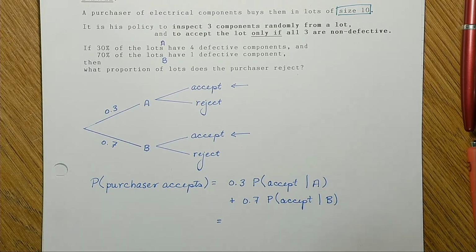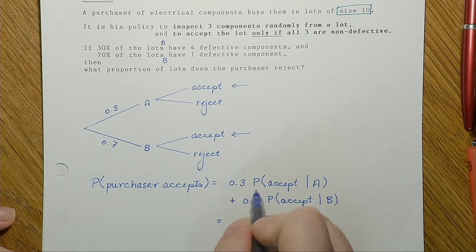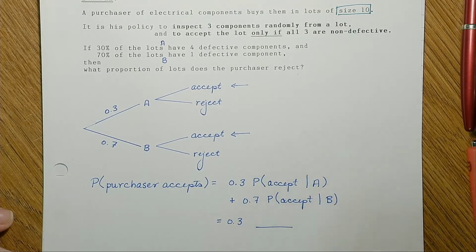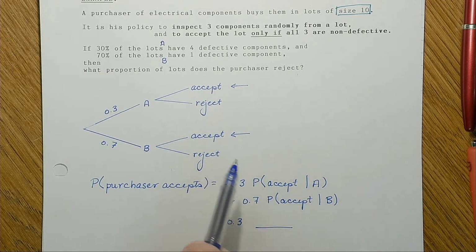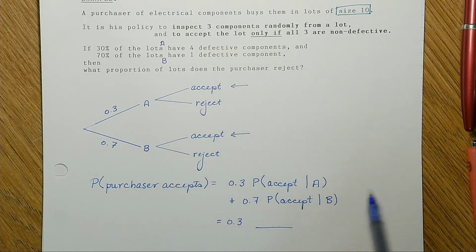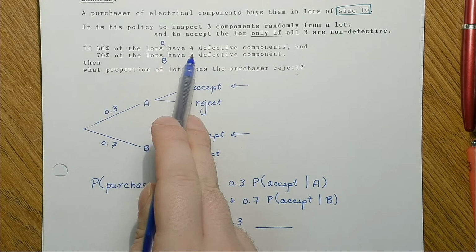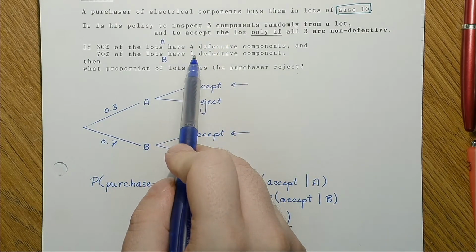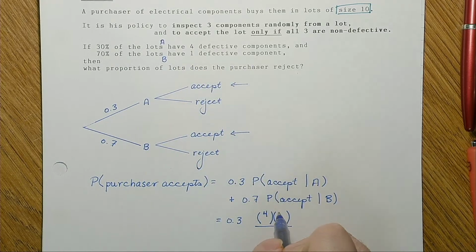So we're not quite done yet. We have to calculate this conditional probability here. Given that they're in lot A, they will accept it if all three components that they pick are non-defective. So if we're in lot A, there are 4 defective components, and that means there should be 6 non-defective.